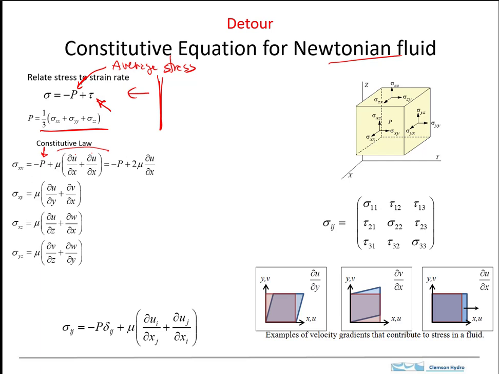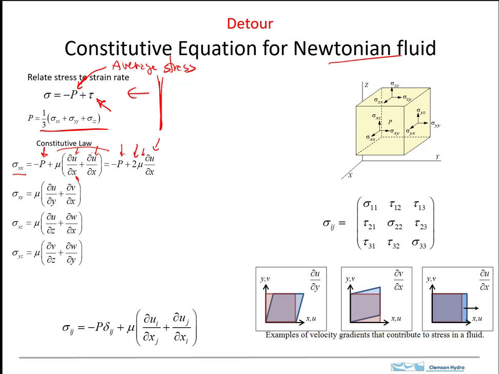So the stress sigma xx is going to be the gradient of the velocity in the x direction, which is u taken in the x direction, and that's the same thing. We take those two and add them together, and that'll just be 2 times that velocity gradient, multiplied by the dynamic viscosity. So that is the normal stress, the variation in the normal stress compared to the pressure.